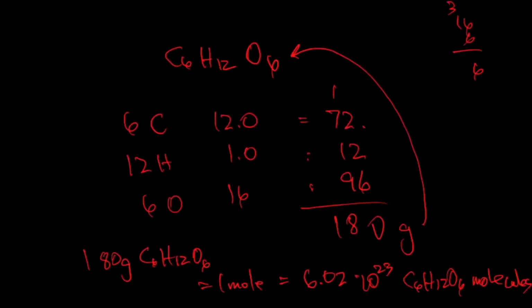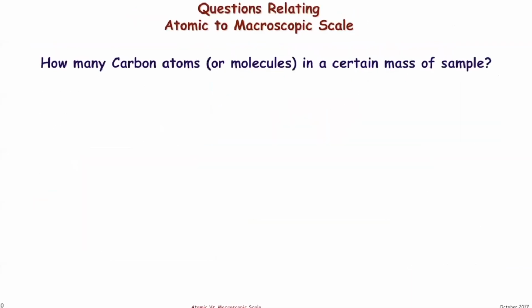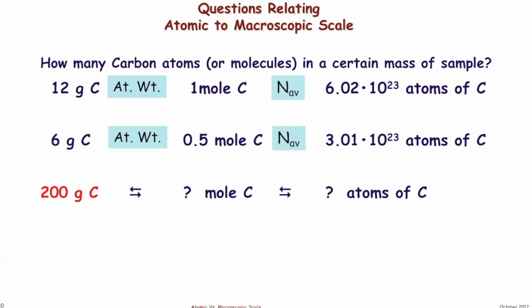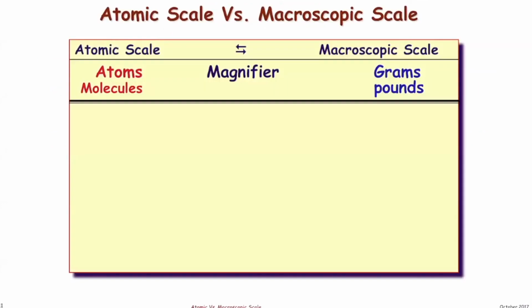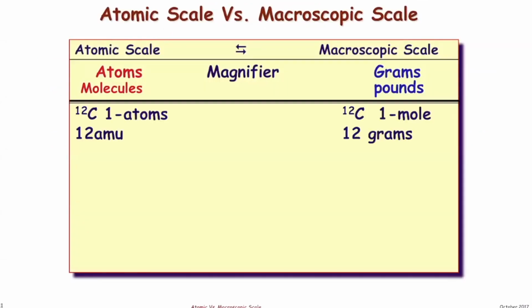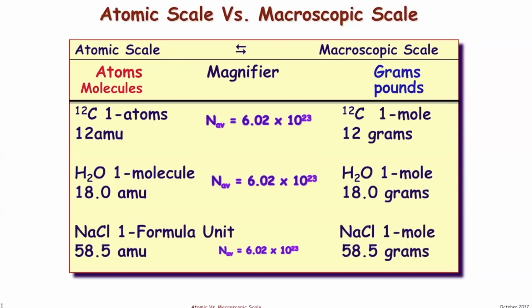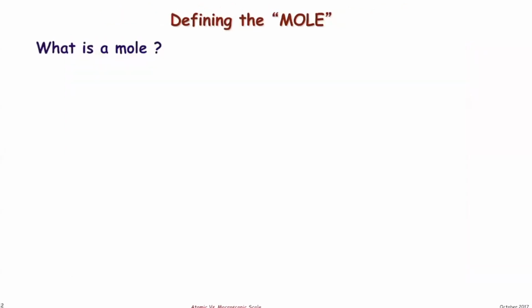Okay, so now that you know that, let's move on. I've already stressed that. But the reason why chemistry can be frustrating is because there are so many definitions of moles.